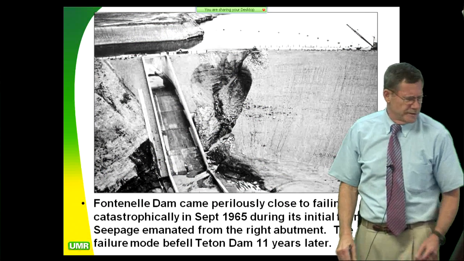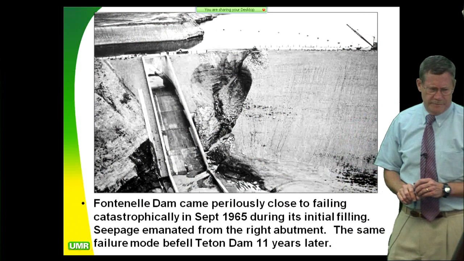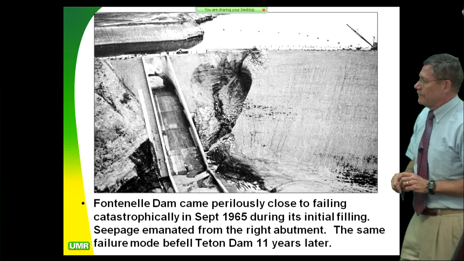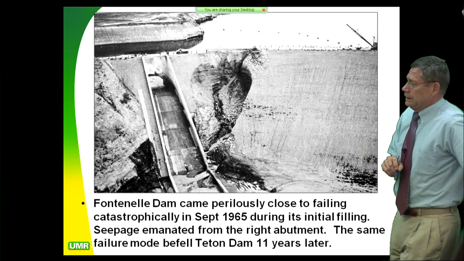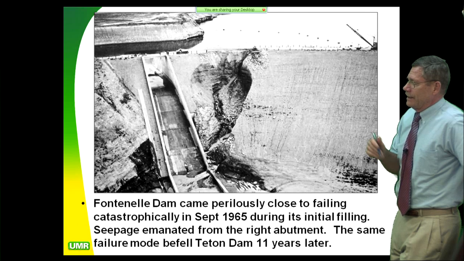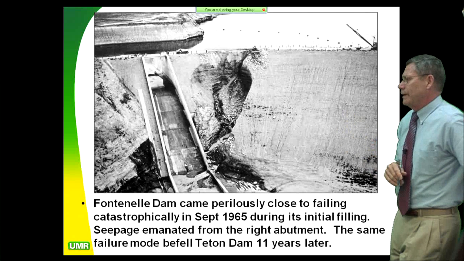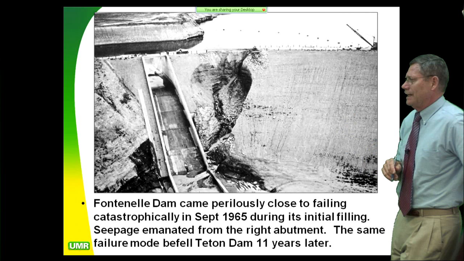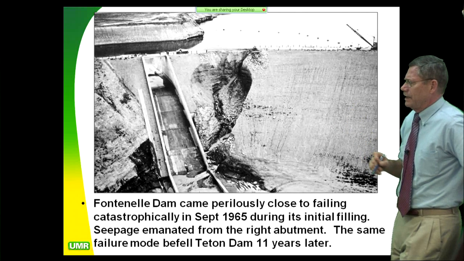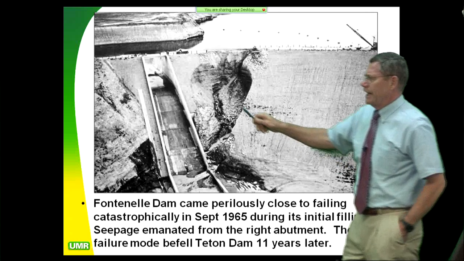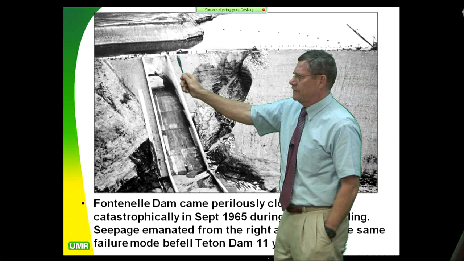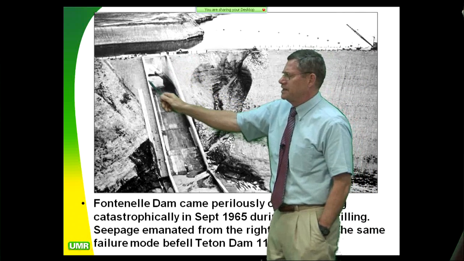a vertical escarpment. Well, here's Fontenelle Dam. This is the closest we ever came to having a real first-class disaster. It's the exact same failure sequence that occurred at Teton 11 years later, not very many miles away, actually. This is on the upper Green River in the Wind River Range, and you can see a 10-wheel dump truck for scale right there. This is their main spillway.